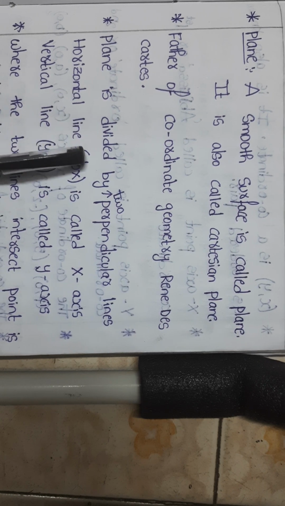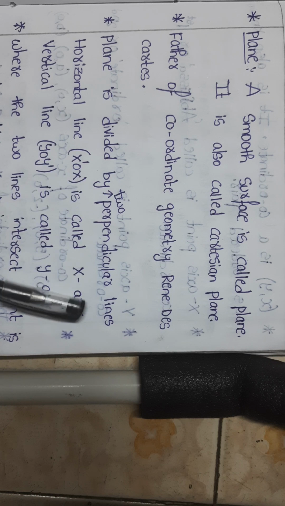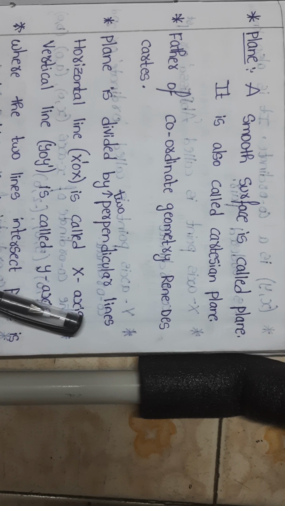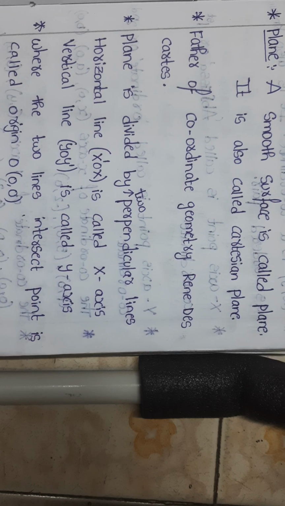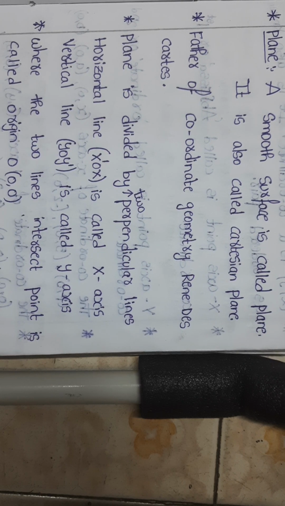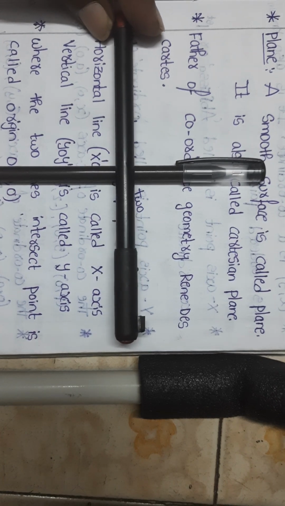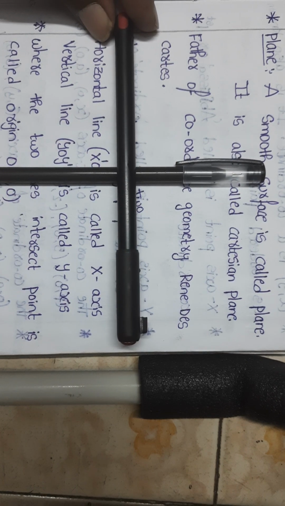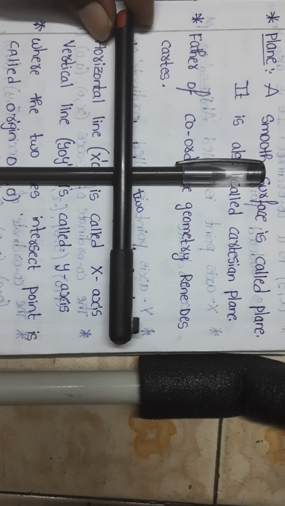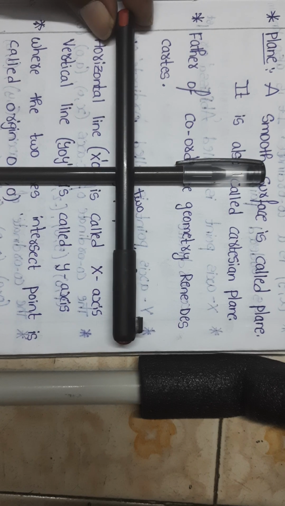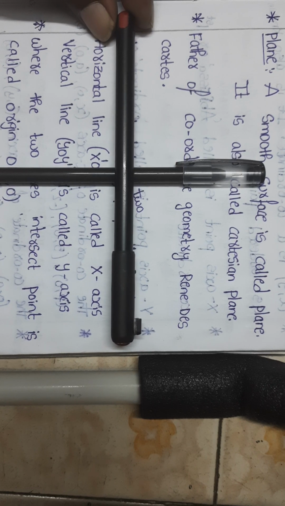A plane is divided by two perpendicular lines. Suppose you are drawing two lines perpendicular to each other, like what I have shown with two pens. These are perpendicular lines to each other. In this, the red end pen is the x-axis because it is a horizontal line.